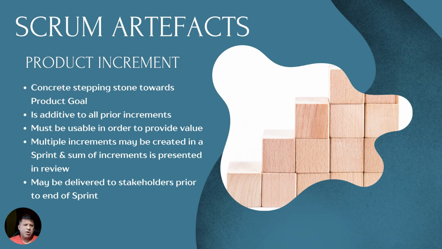So when we are trying to finalize every sprint goal, we as a team need to be very clear on how this increment, or this additional feature or enhancement that we are adding to the product, is helping us accomplish the product goal.